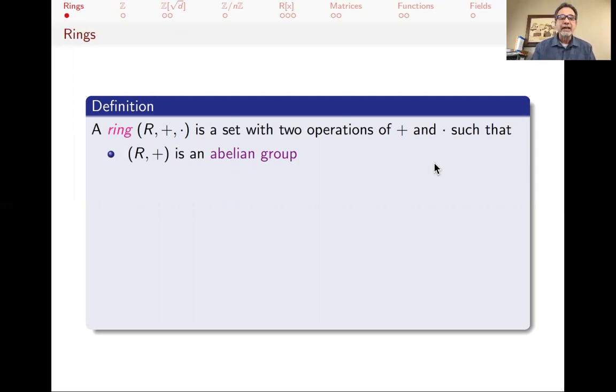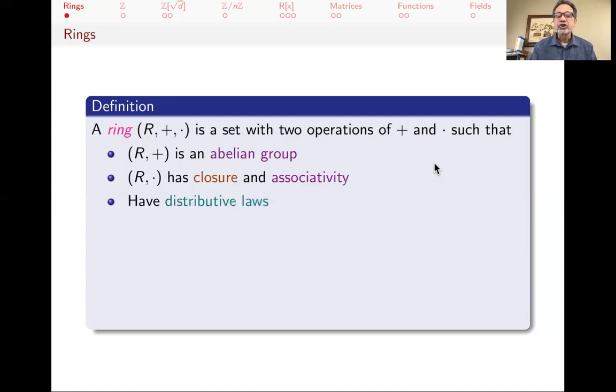So that means it's closed, it's associative, it has an additive identity, which is 0, and it also has additive inverses. For every element a there's a minus a, and it's abelian, which means that it's commutative: a plus b equals b plus a. With multiplication, we only expect there to be closure and associativity. And in addition, we have distributive laws connecting the two operations. So that's what a ring is.